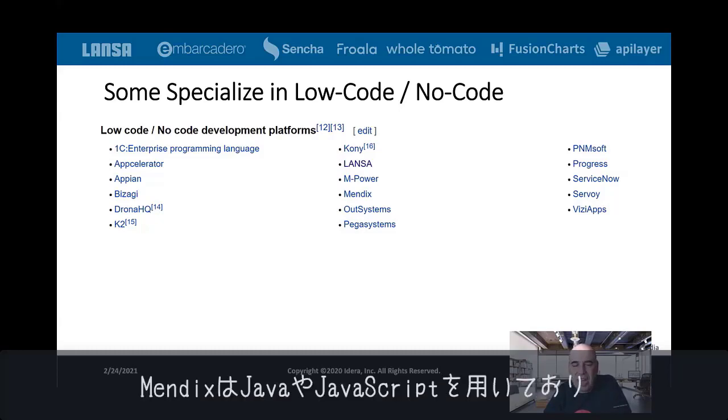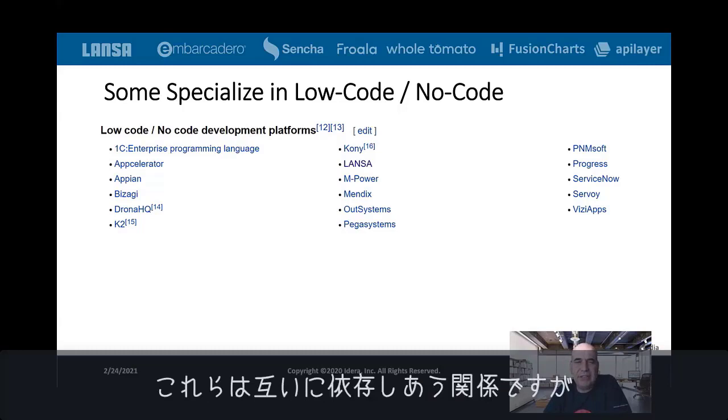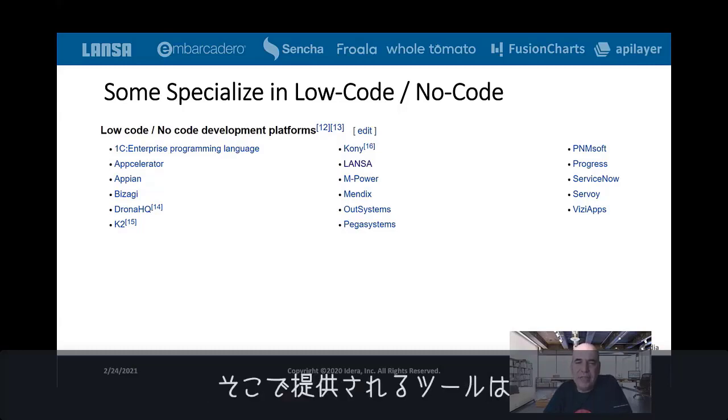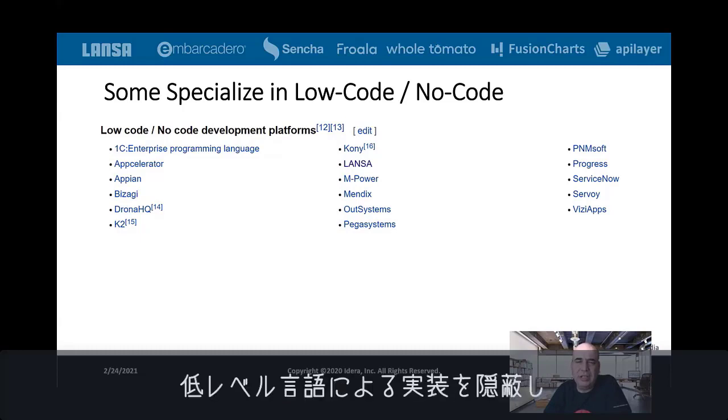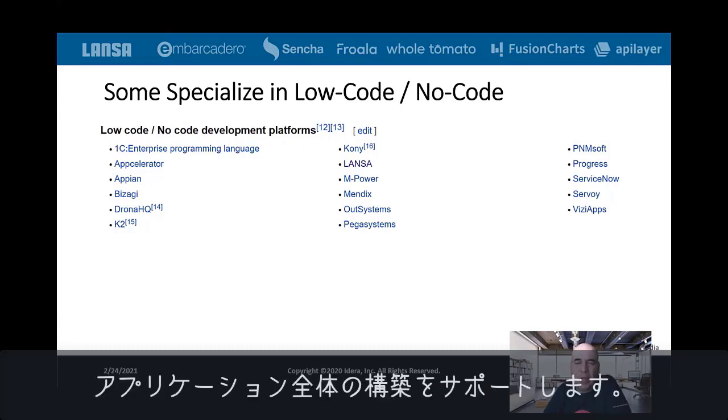Mendix has a lot of Java and JavaScript. OutSystems has, I believe, C#. So a lot of these are dependent on each other, but they instrument far more than the underlying lower level language. They're built so that they can instrument middleware, databases, and help build holistic applications.